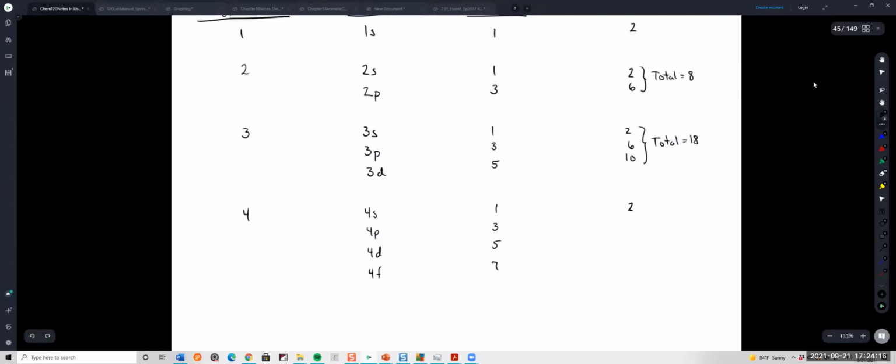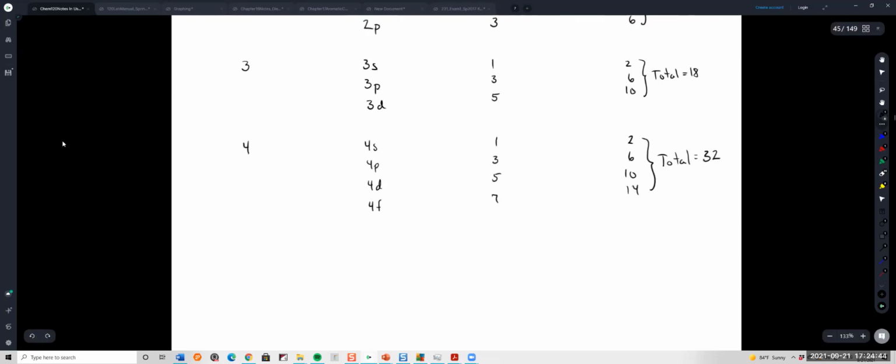So 2 electrons in the 4s subshell, 6, 10, 14, for a total of 18 plus 14, which would be what, 32? 32 electrons in the 4th shell. And 5, 6, etc. are similar.